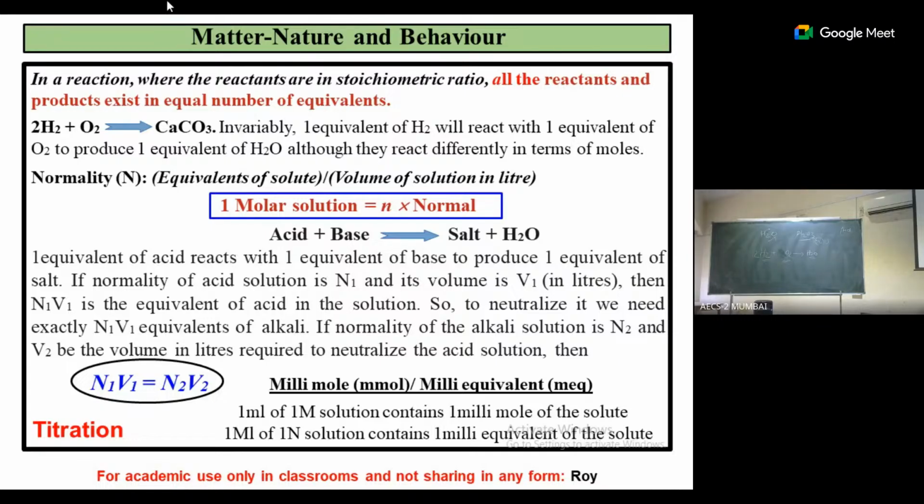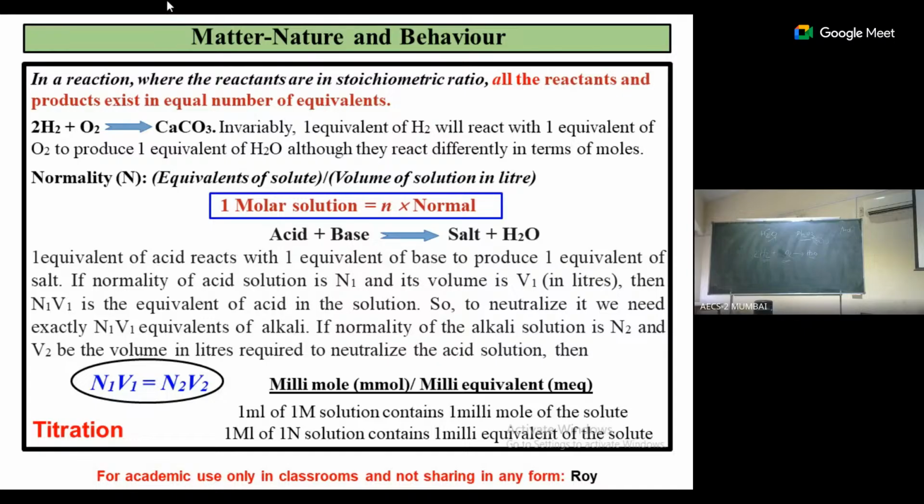Normality is defined as the number of equivalents of the solute present in 1 liter of the solution. Just similar to molarity. So molarity is nothing but moles; just we had used molar mass in case of molarity. Here it is equivalent.